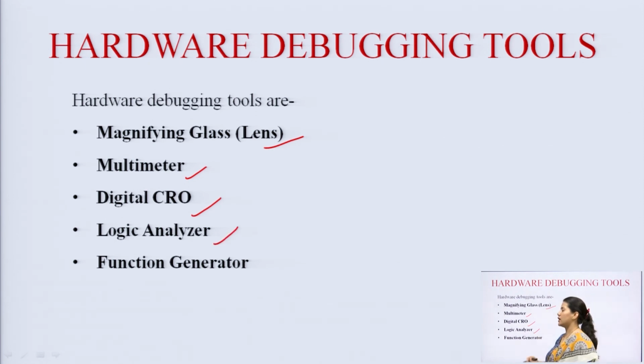Logic analyzer is used to test the digital signals and to test if the digital signals are obtained properly at different points. Function generator is used to generate various types of signals needed at different points. It may be sawtooth wave, square wave or sine wave, etc.